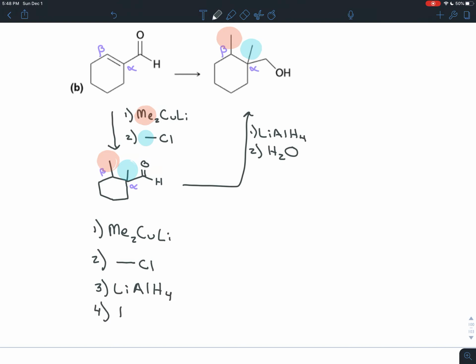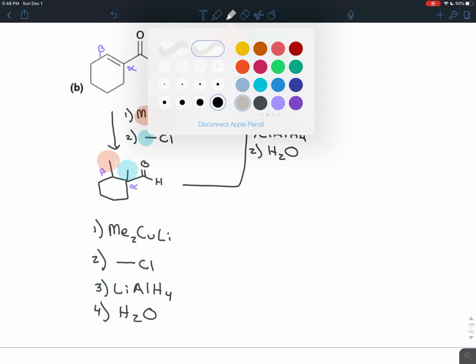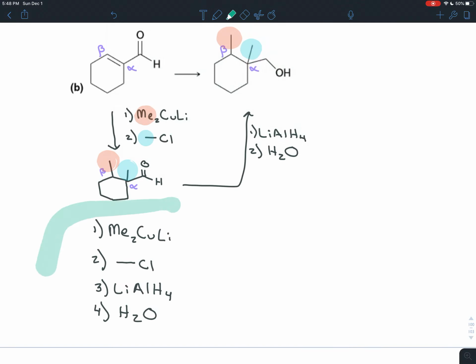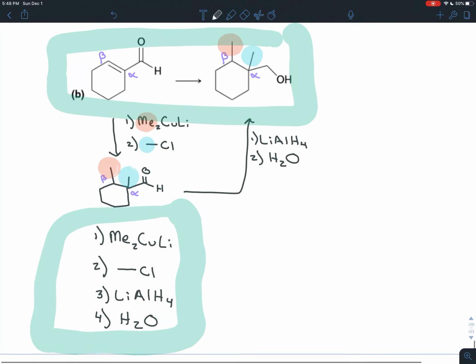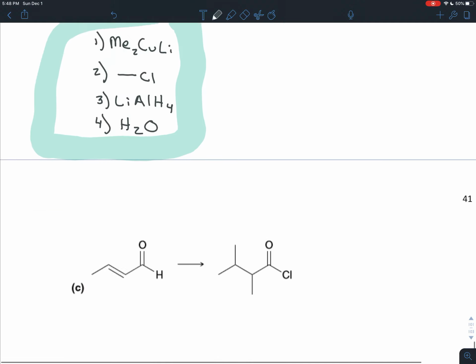And then we just follow that up with a water wash to stabilize the negative oxygens that we create. And so that recipe creates this transformation. And the key to it, the thing that simplifies it a little bit, is just noticing that you're adding alkyl groups onto the alpha and the beta carbons.